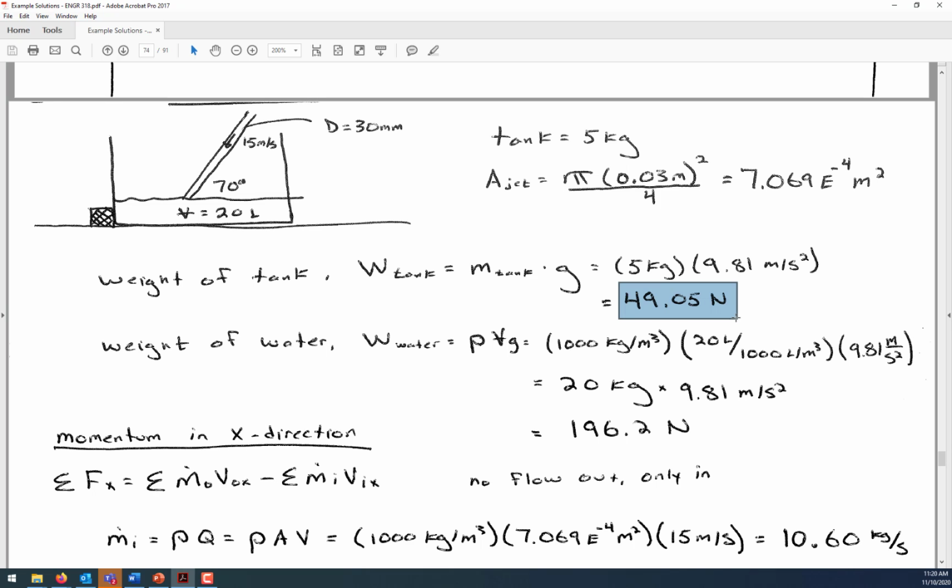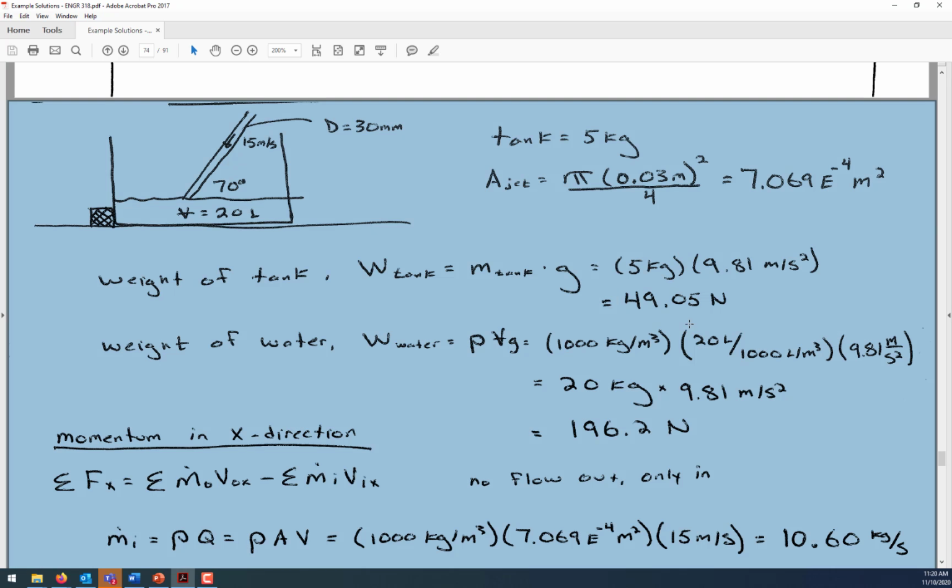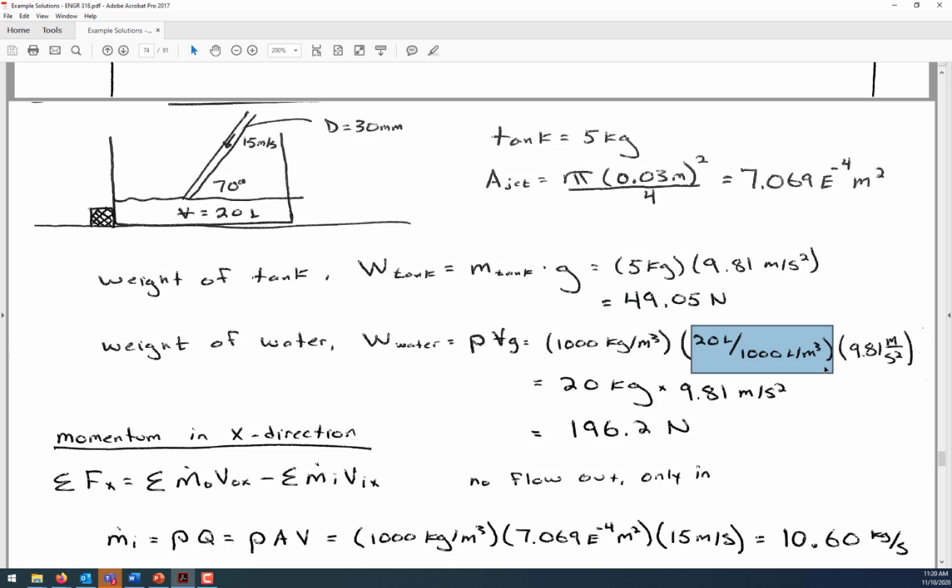And likewise with the water, we had a volume of 20 liters, and so that's going to be 0.02 cubic meters. So did the volume conversion here, then the mass conversion is 1 kilogram per liter, and then from mass to weight by multiplying it by g. So we have both the weight of the tank and the weight of the water.